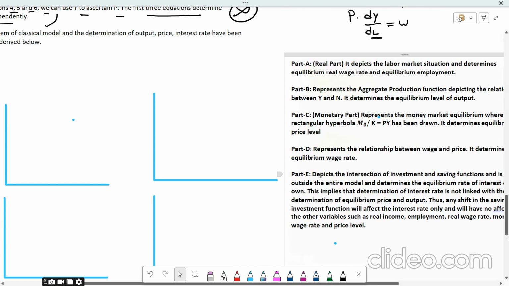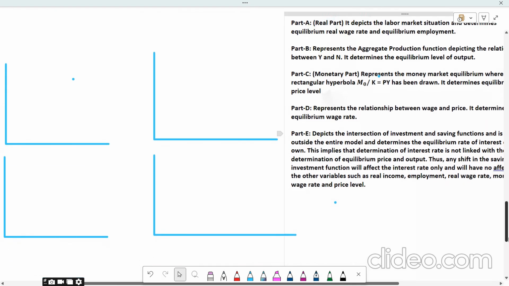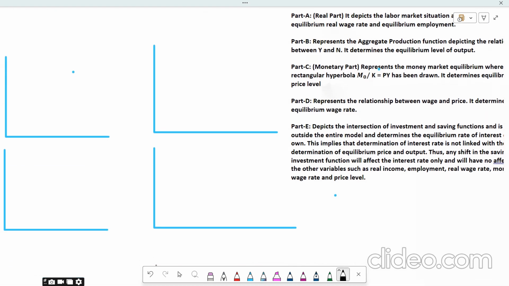So basically we will be treating this graph as part A. On the y-axis we will be taking real wage, and on the x-axis we will be taking number of workers, or number of employment, or number of laborers.